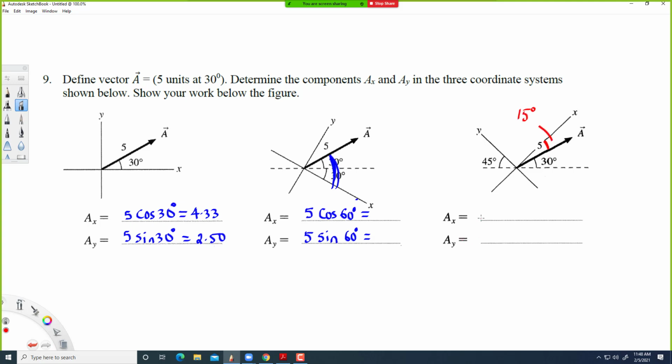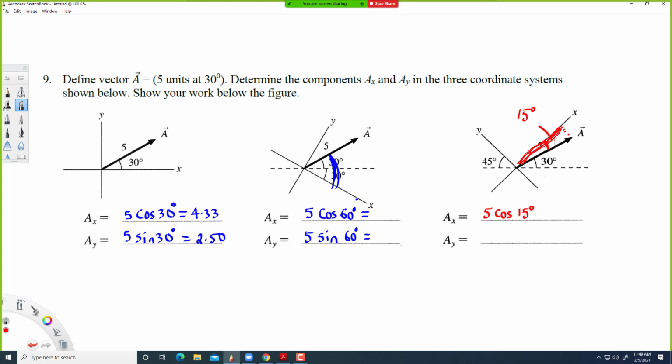So ax is 5 cosine 15 degrees. Should I use negative or positive here? Is the component pointing to the left or to the right? The x component is this one.